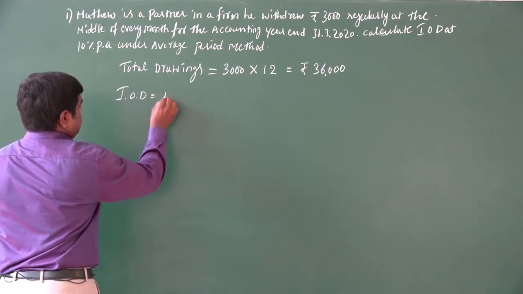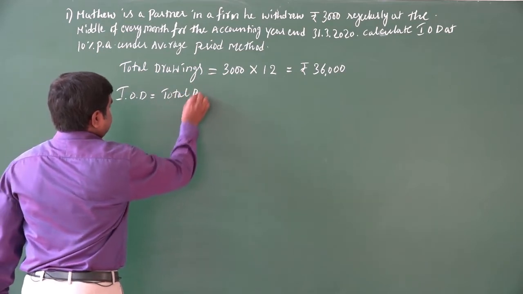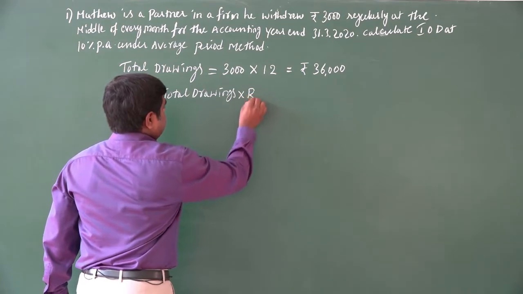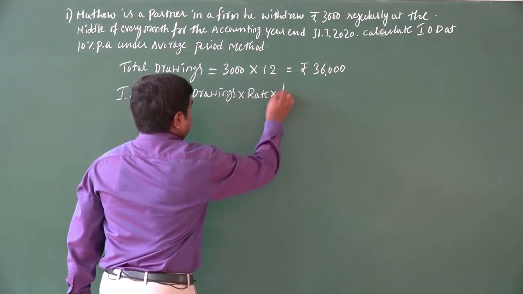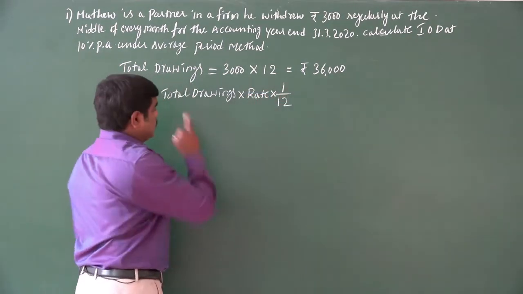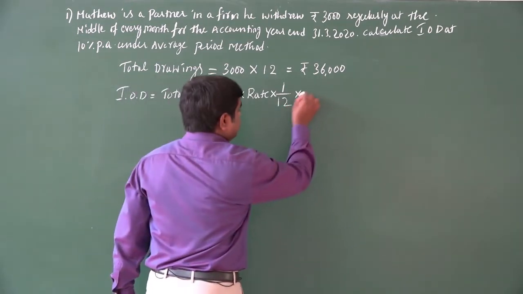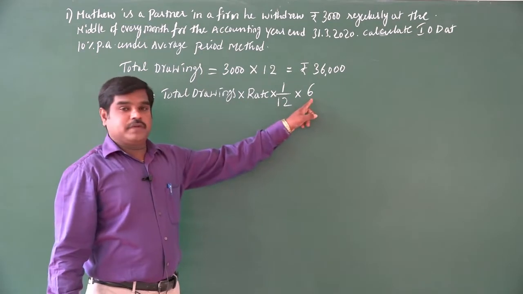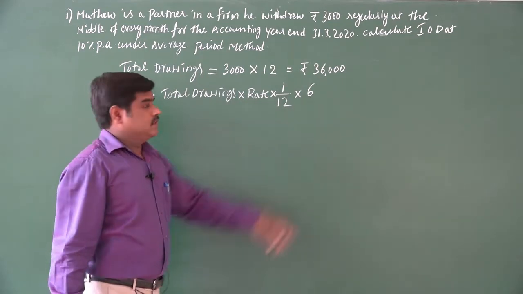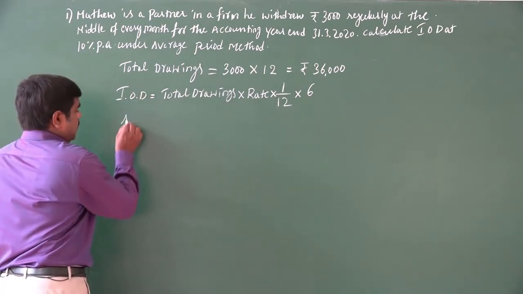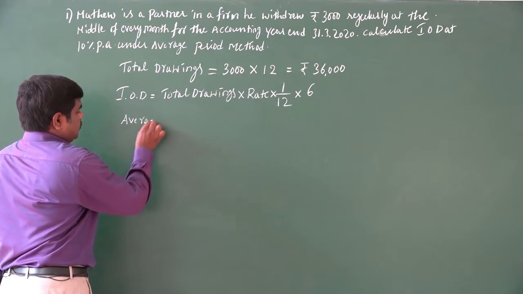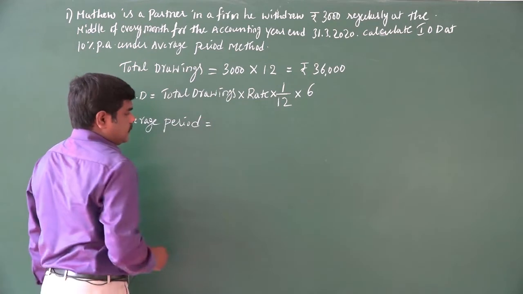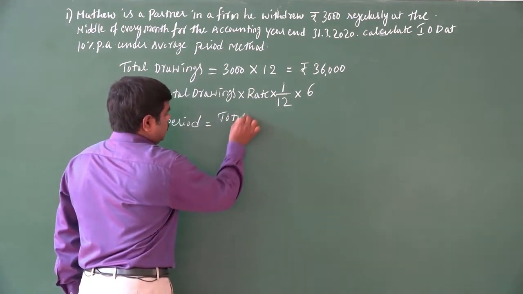Interest on drawings is equal to total drawings into rate into 1/12 into average period. This is common. For the middle of every month, the average period will be 6 months.